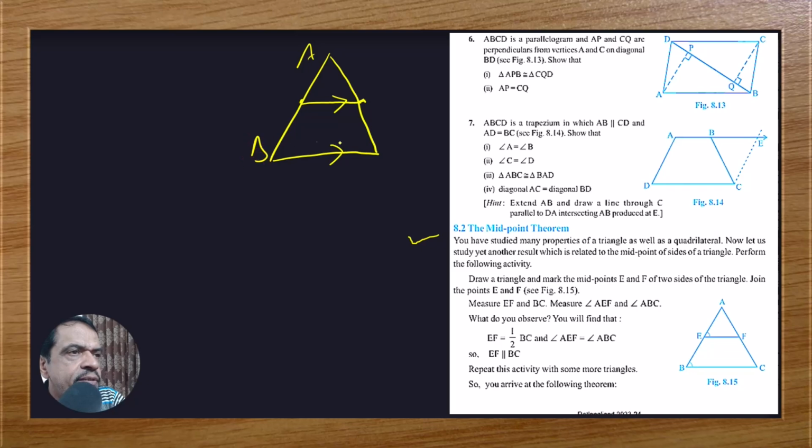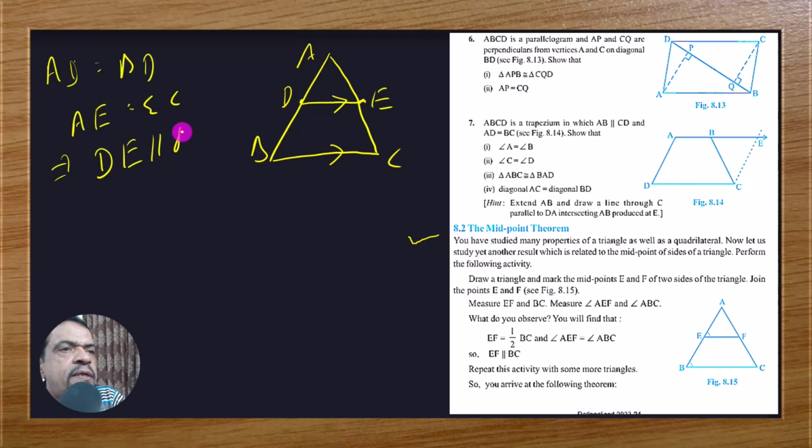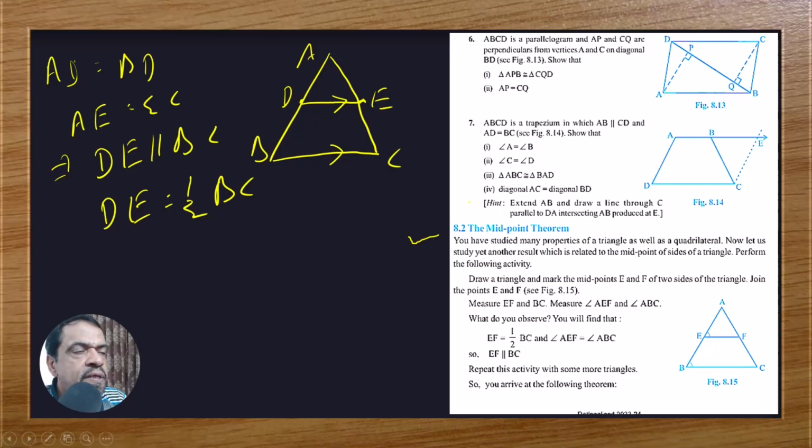Means if it is triangle ABC, DE will be parallel to BC, and also DE will be half of BC. There is a very useful relation in this kind of question. Suppose a numerical comes, this length is given, so you can halve it, or this is given, you can double it. This is the midpoint theorem.